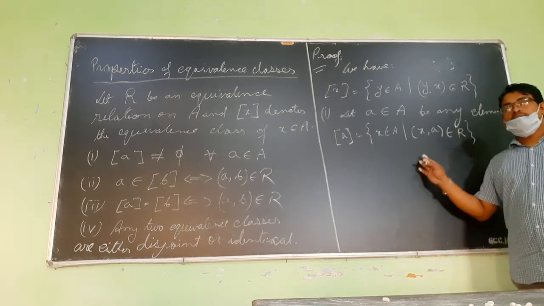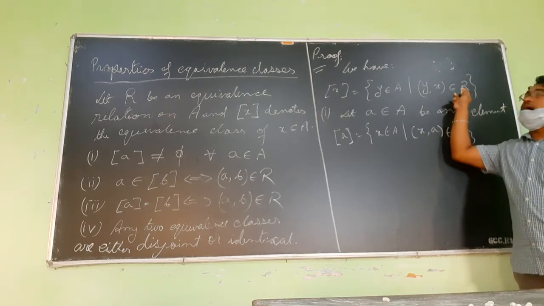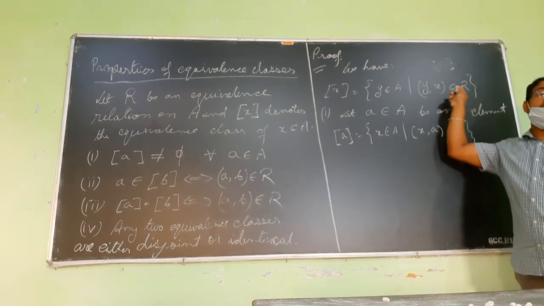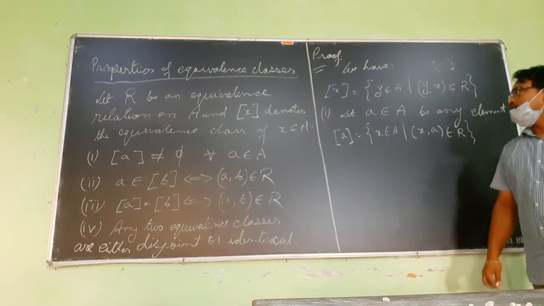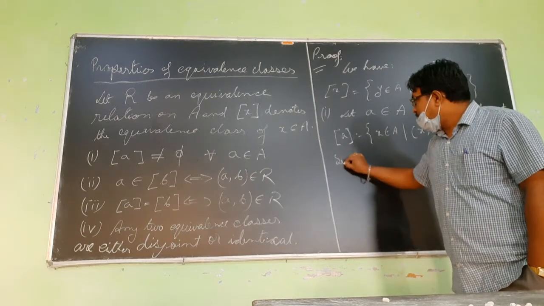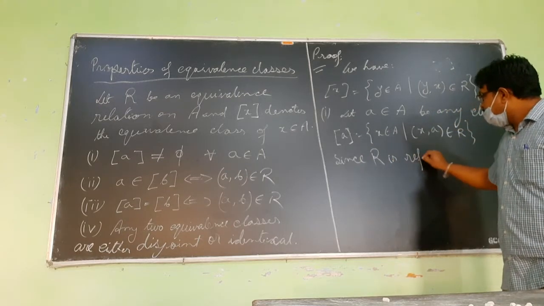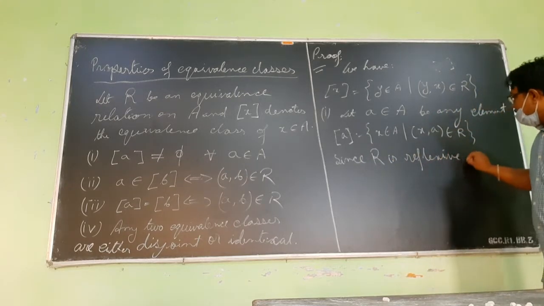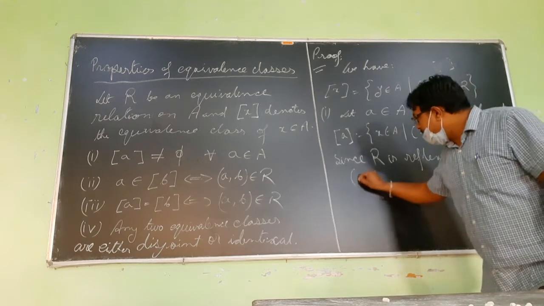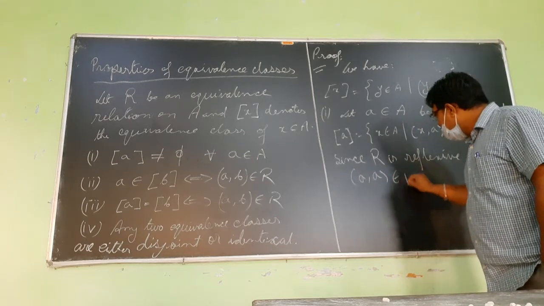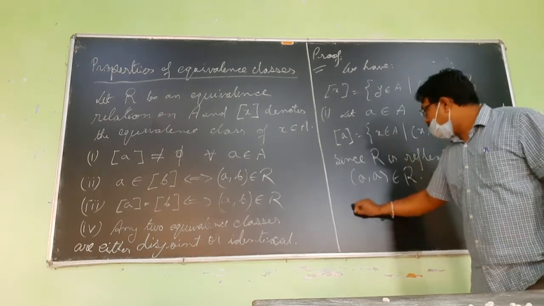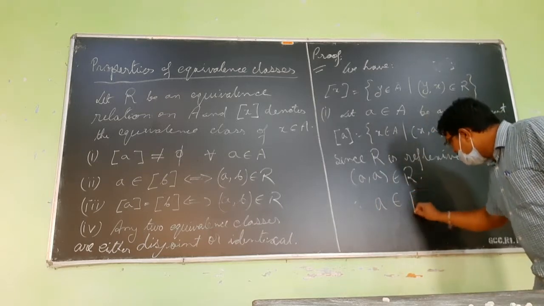a itself, because this relation R is an equivalence relation, so it is reflexive. Since R is reflexive, (a, a) belongs to R. So by definition, a belongs to the equivalence class of a.